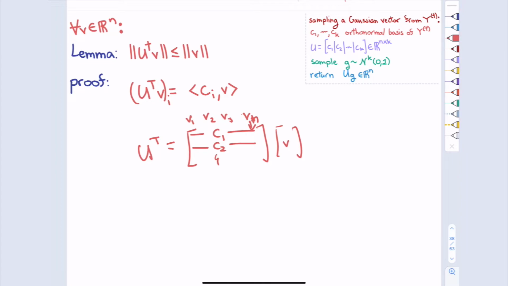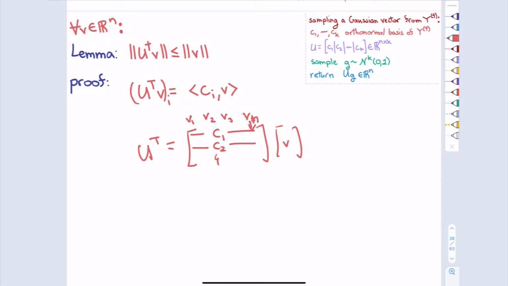So what u transpose v is actually doing is projecting v into the subspace spanned by c1 through ck and giving coordinates in the basis of c1 through ck. So c1 through ck is a coordinate system for our subspace, and this operation is projecting v into the subspace and giving the corresponding coefficients.